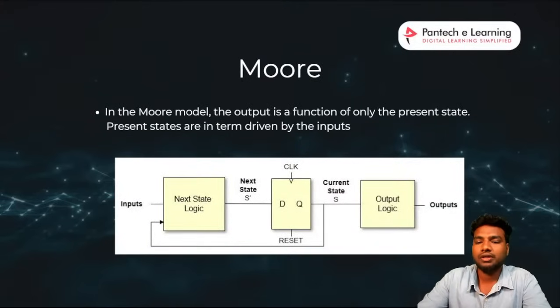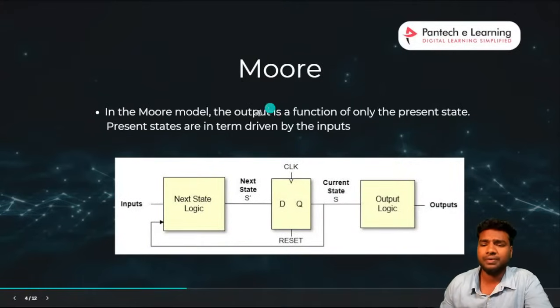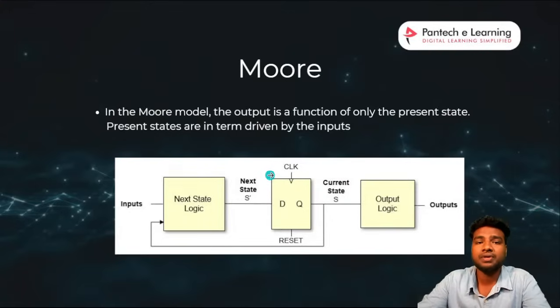This is a circuit diagram for the working of the Moore machine. The Moore machine works based on the current state and input only, not on a previous state output. The Mealy machine works on the current state input and also the previous state output.